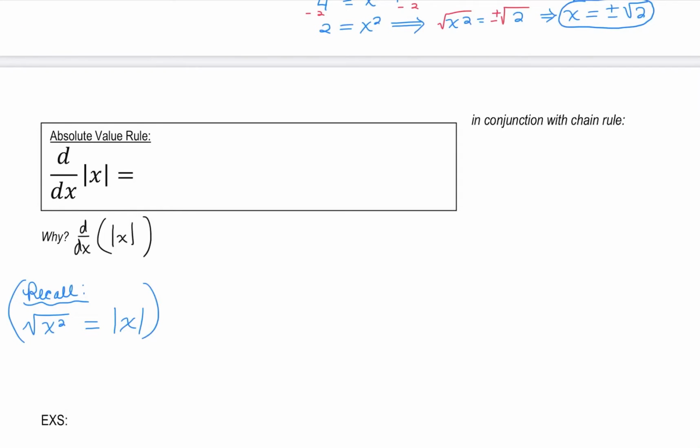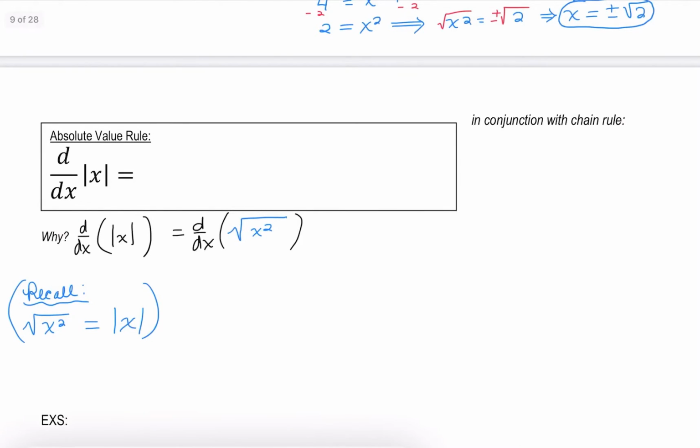So now what am I really doing here? All right, so I am now looking at this as taking the derivative with respect to x of exactly what I said in my little recall down there. We're going to think of this as the square root of x squared.